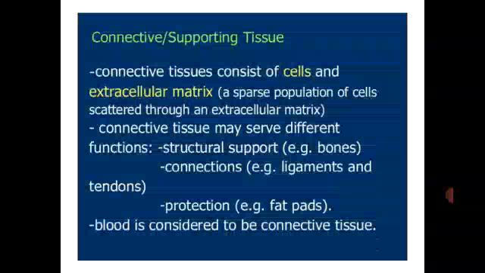Connections: ligaments and tendons. Protection: fat is present on the kidney or liver or other types of tissues. Blood is considered to be connective tissue. And here is one interesting thing, that blood is a connective tissue that is in liquid form.